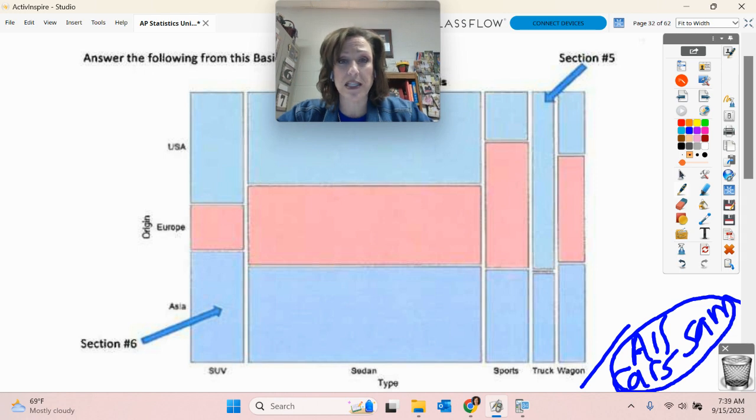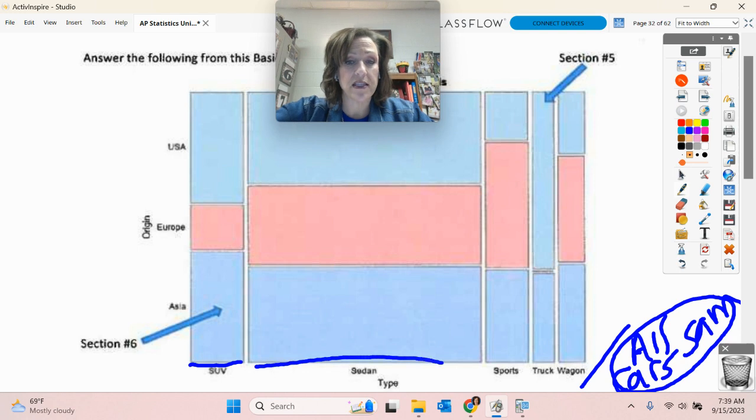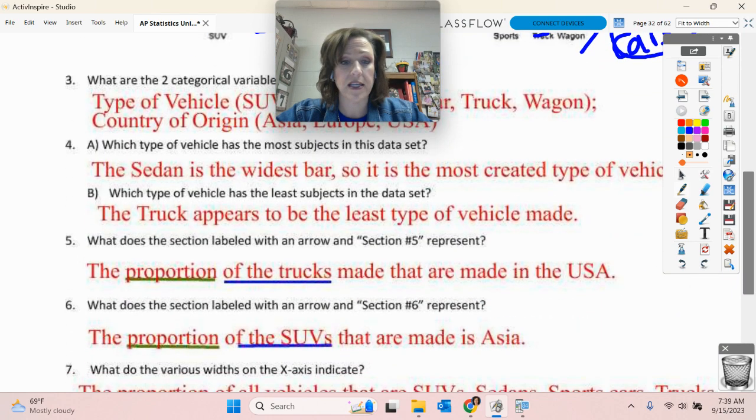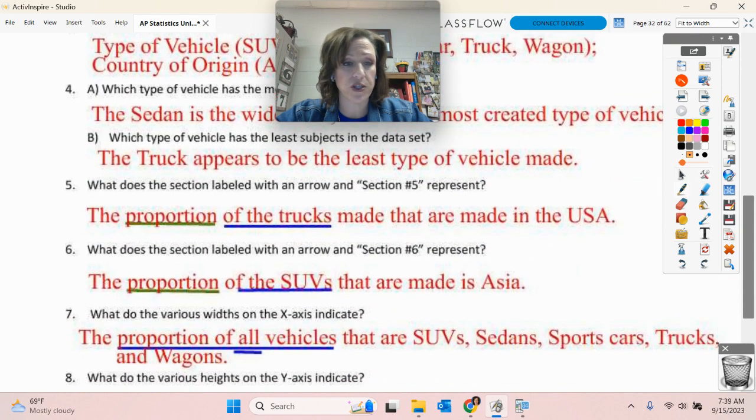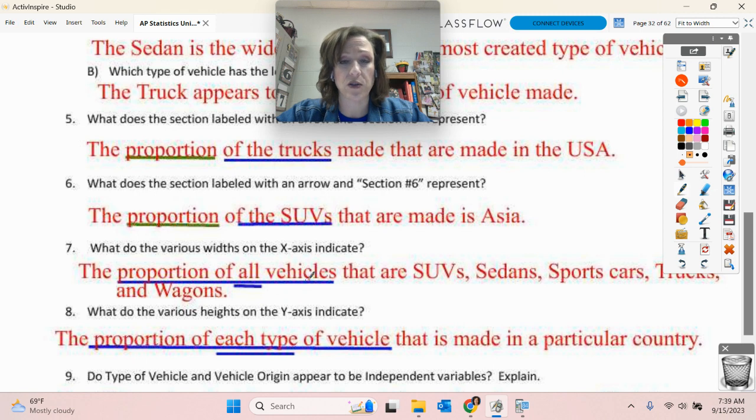All cars sampled is the denominator, and SUV, sedan, sports, truck, wagon are the numerator. So it's going to be the proportion of all cars sampled that are SUV, sedan, sports, trucks, and wagons. Okay, so here I have that, the proportion of all vehicles sampled that are, here's your numerator.